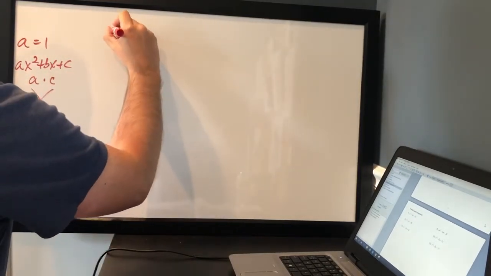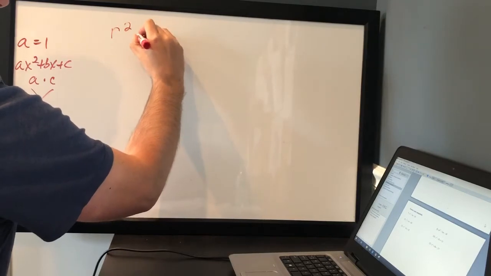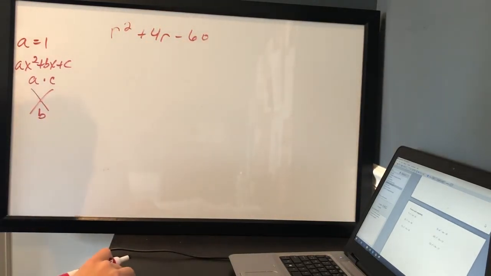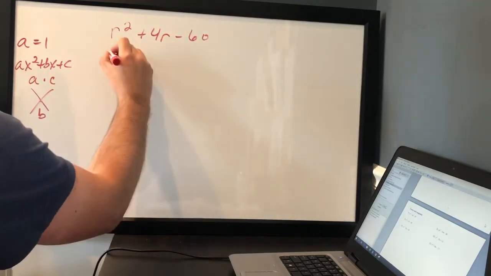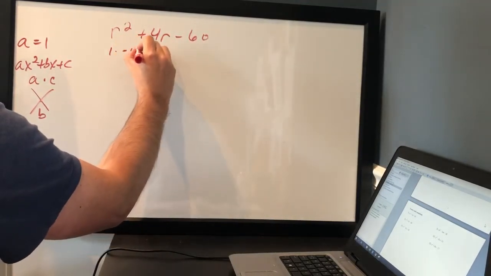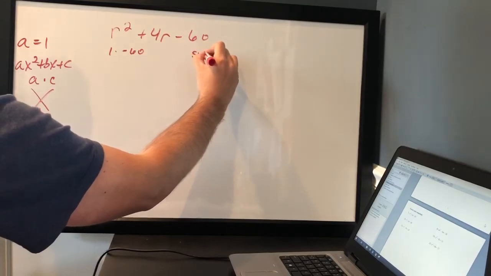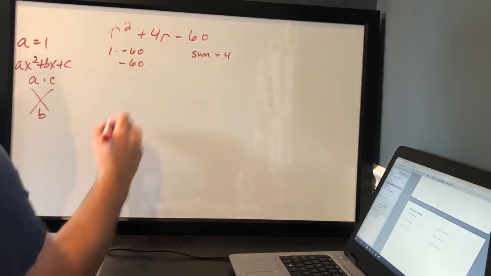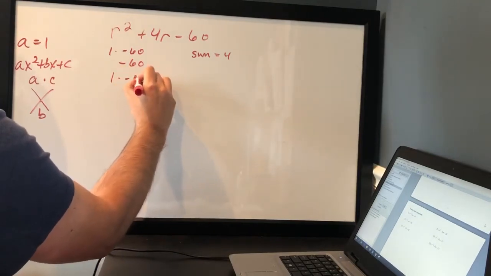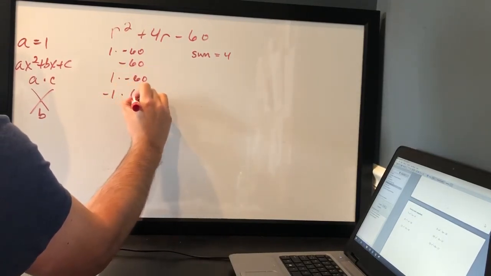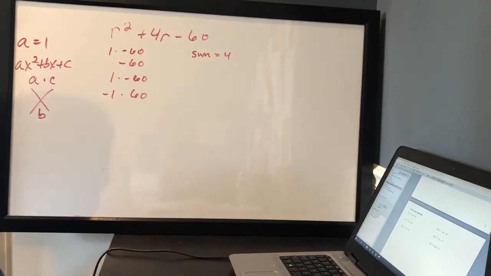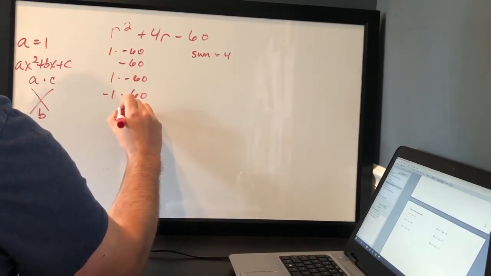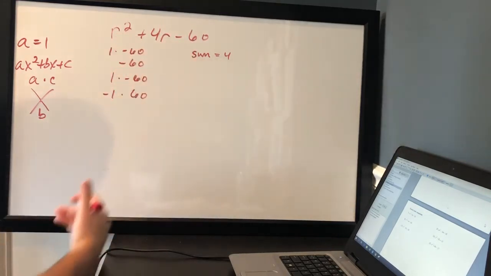The next one is r squared plus 4r minus 60. What are the factors of negative 60 that add up to 4? We list them: 1 times negative 60, negative 1 times 60. We can do 2 and 30, and you can keep going through and list every single one of them.